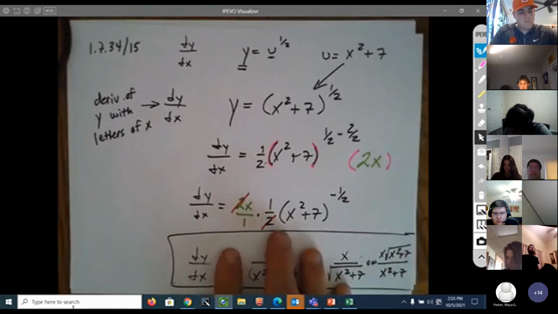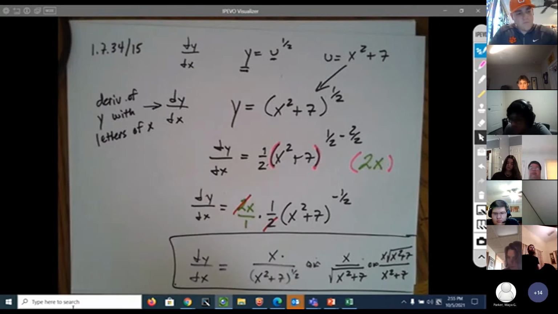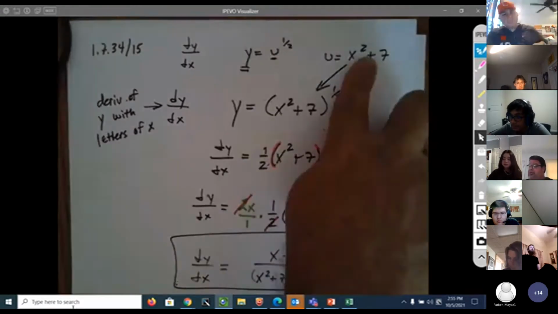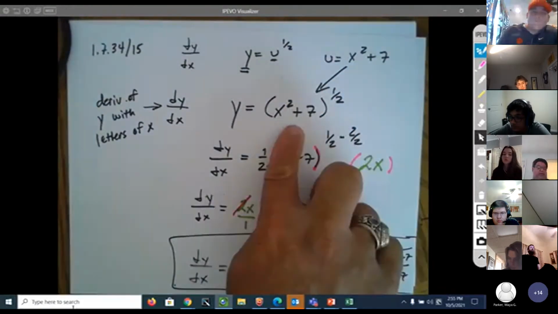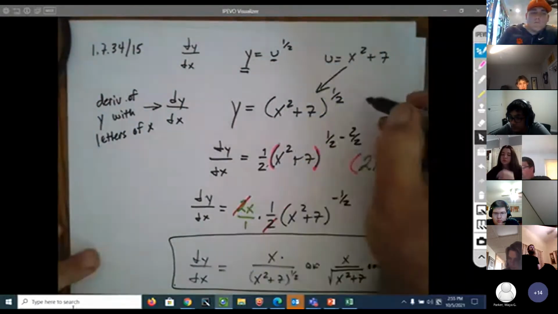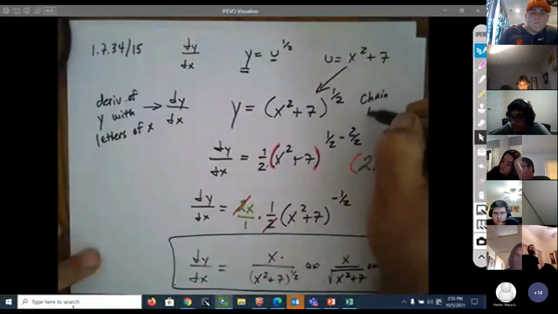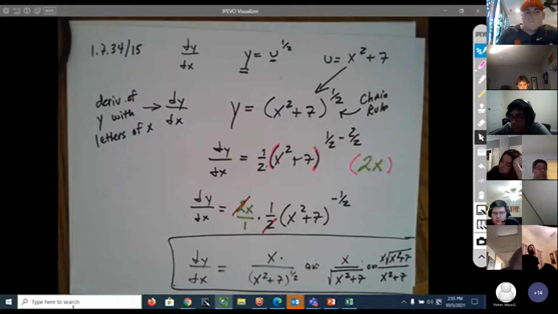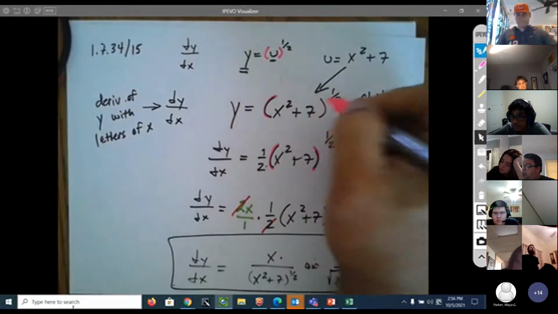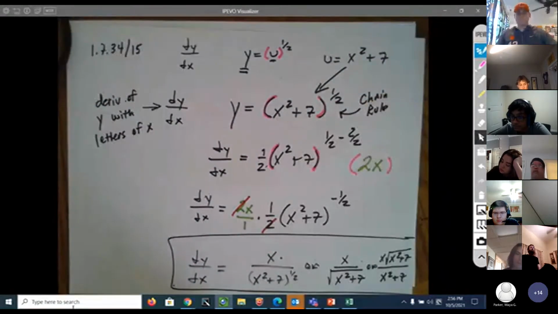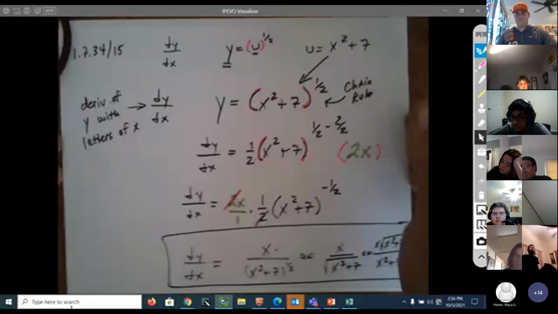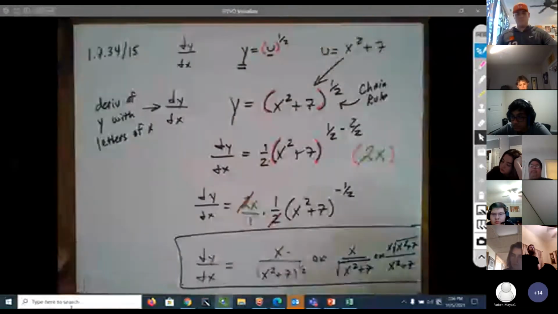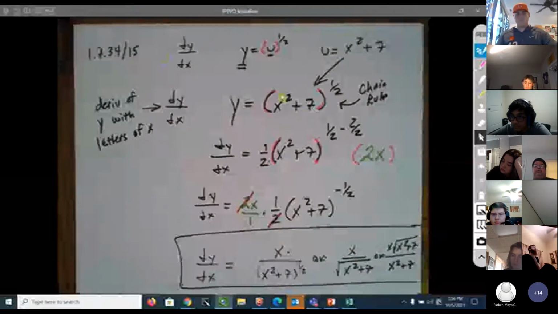Now that would be a test question. Why? Because when you plug this into this, you have the chain rule. Okay, does that help on that one, hopefully? Yeah. That's a good test question.